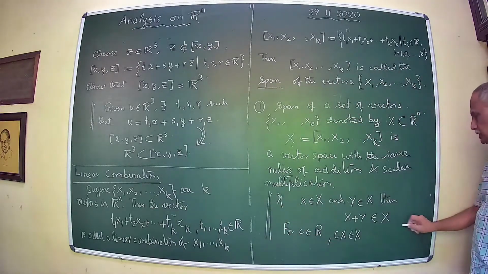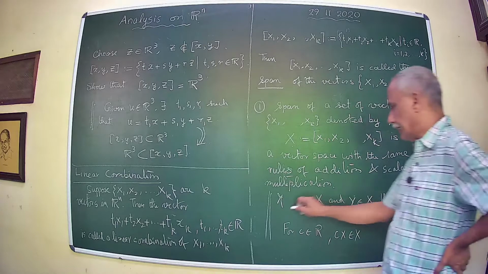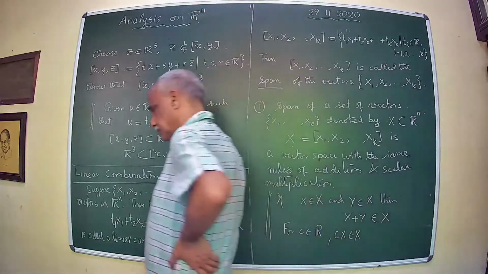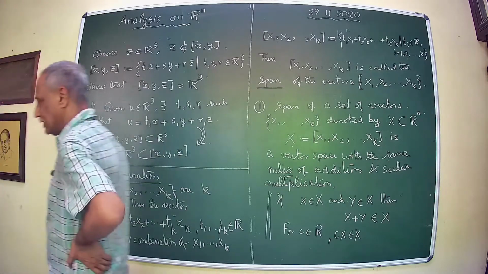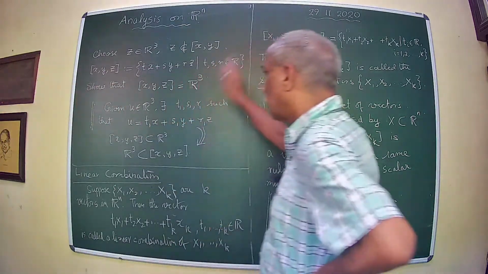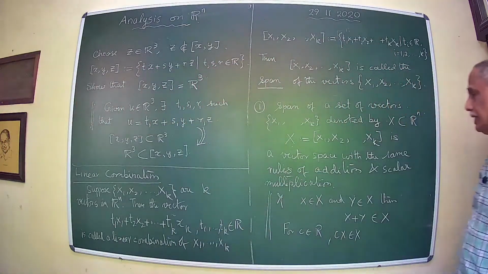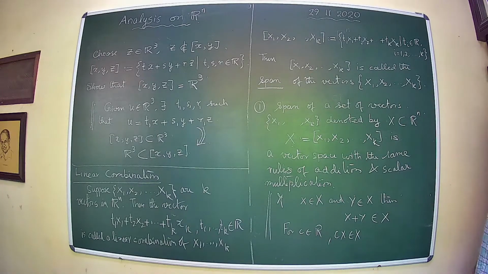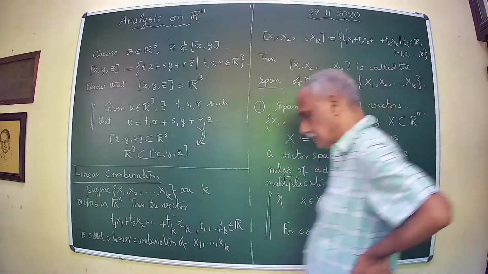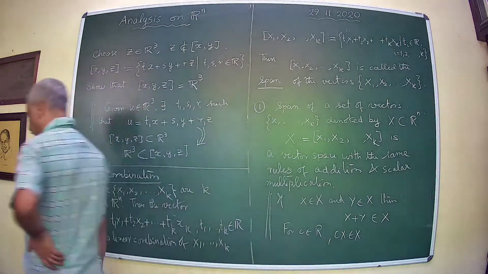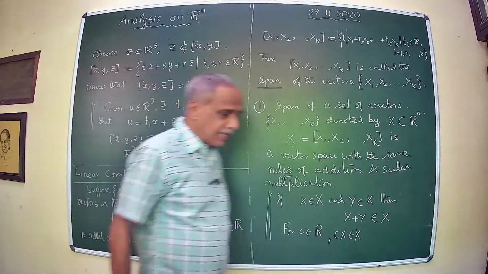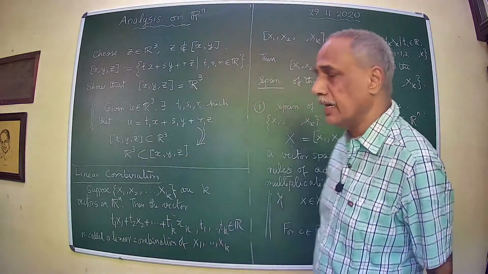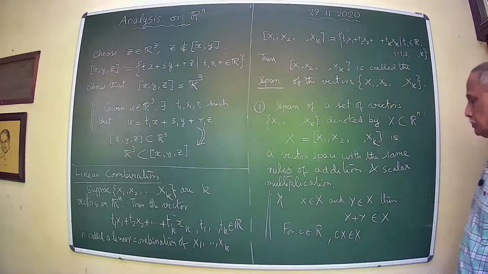Okay, then you can show that this contains the zero element. For each x you have the corresponding minus x in it, and then all the properties that are required for a set to be a vector space will be satisfied. So it's a vector space in itself. So x is a vector space. Okay. The span of any set of vectors in Rn is a vector space.